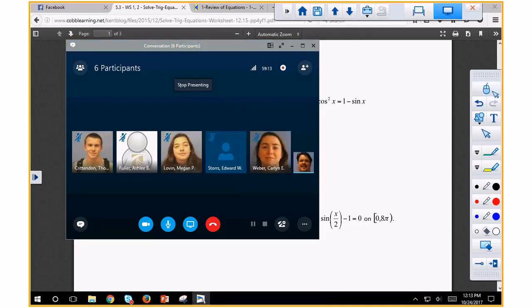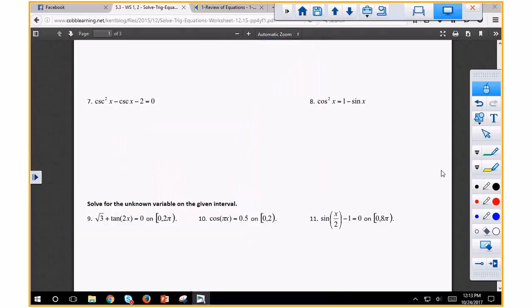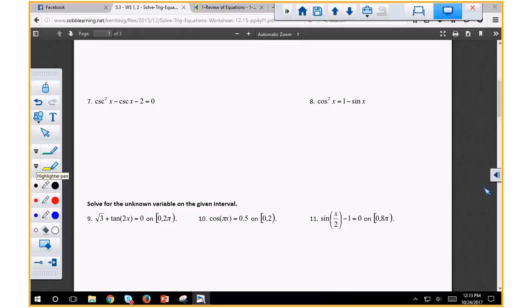And if you're kind of stuck and you're just sitting there staring at it, the first one we can do by reverse FOIL or by completing the square. So I'm not going to do anything on that one. This one you've got to rewrite. Cosine squared x minus or plus sine x minus 1 is equal to 0.